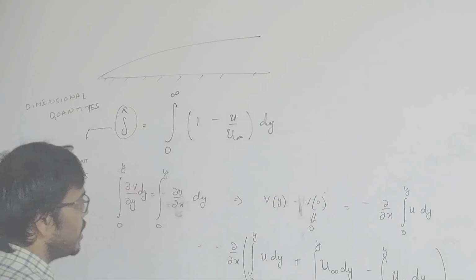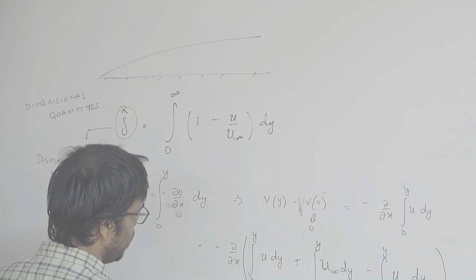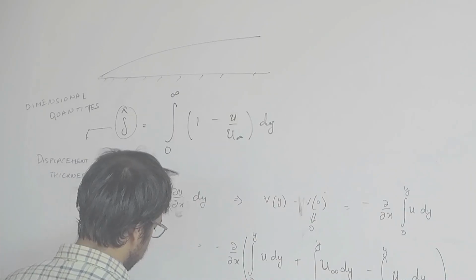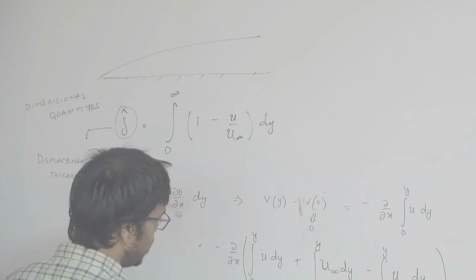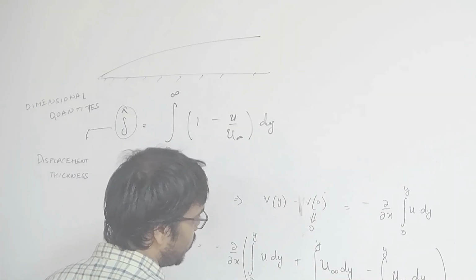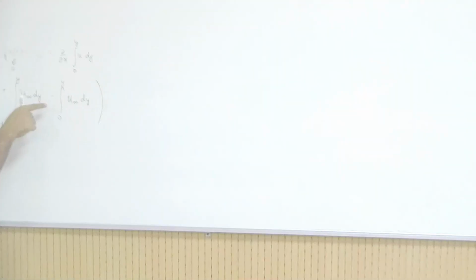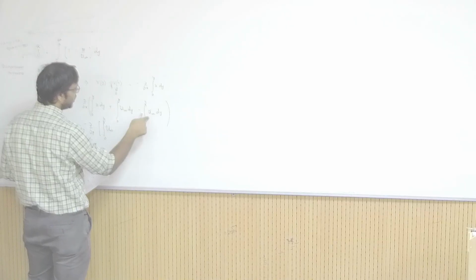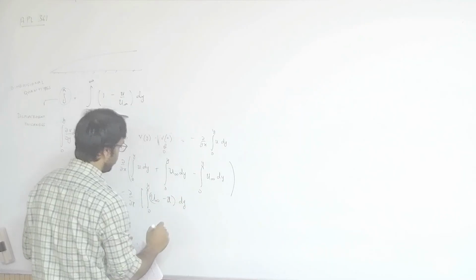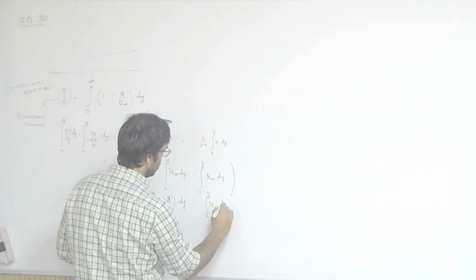Let us say we write something like this, and what is interesting to notice here is that this is minus del by del x of integral 0 to y of u infinity minus u dy, and then a minus of 0 to y u infinity dy.